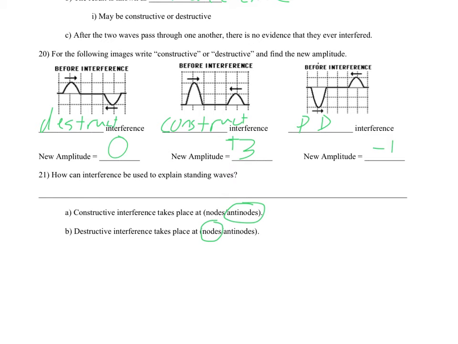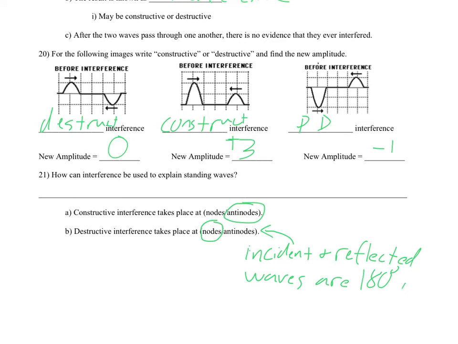When we have constructive interference at the antinodes, those are in phase. When we have destructive interference at the nodes, the incident and reflected waves are 180 degrees out of phase.